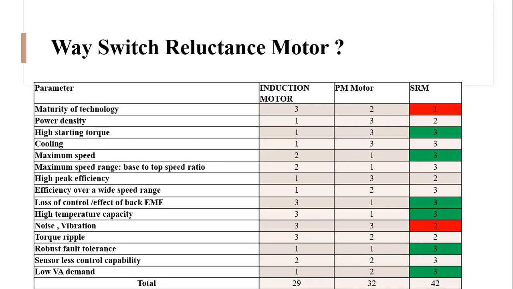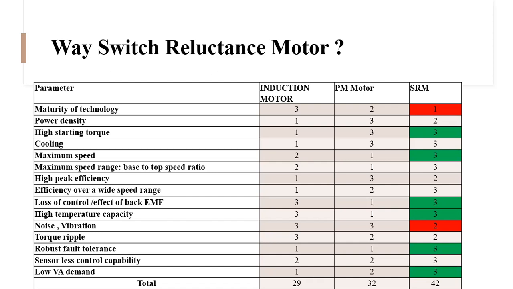So what are the differences, and what merits and demerits will we encounter from the switch reluctance motor? First is maturity of technology: the induction motor is highest, permanent magnet is second, and SRM is last. So we need the technology to mature further. This is scored out of 5.